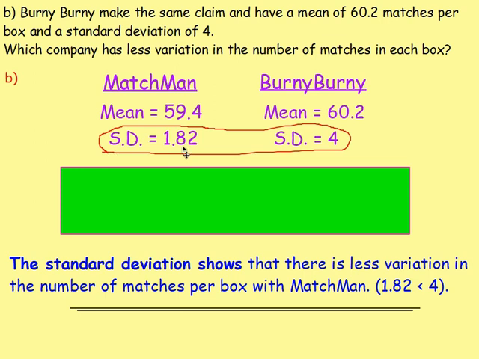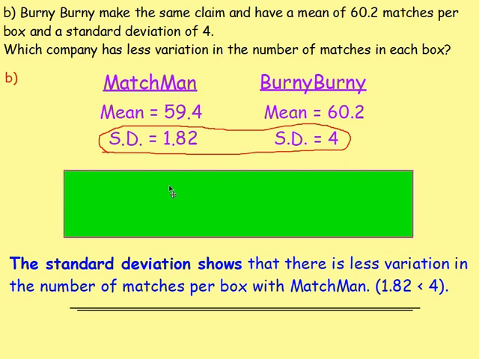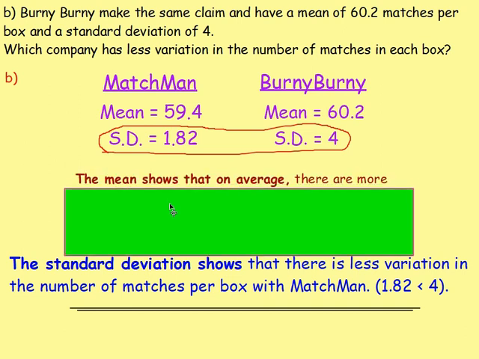On a side note, if it did tell you to write 2 comments comparing these results, you would also have to say something about the mean. You're not asked for it here, so you wouldn't have to do this. But what does the mean show you? The mean shows you the average. You'd say that the mean shows on average. If you look at these 2 numbers, we can see it's higher for Bernie.